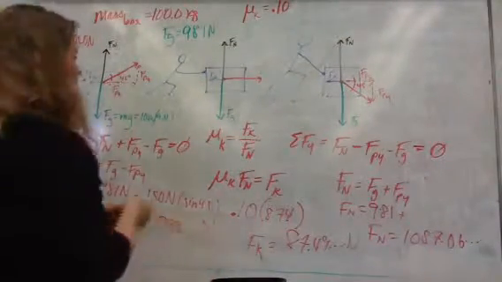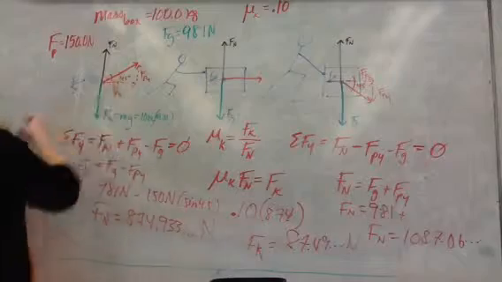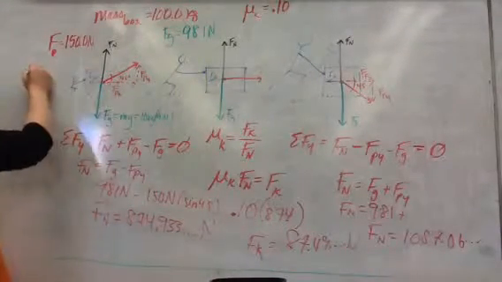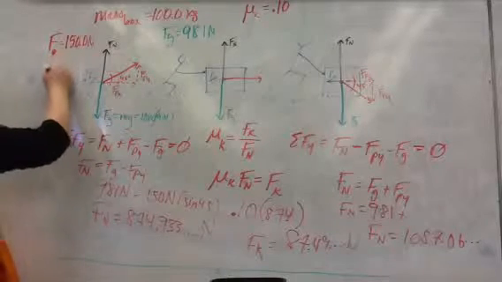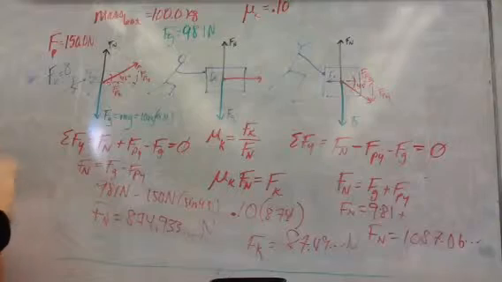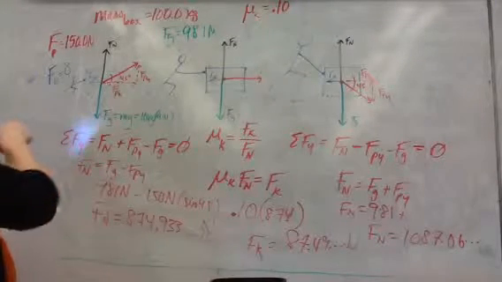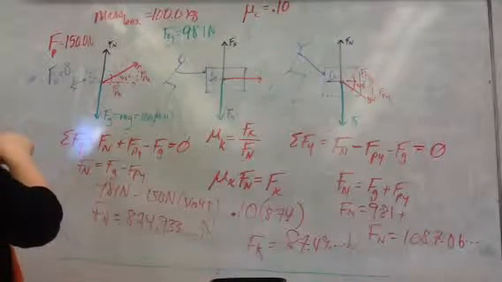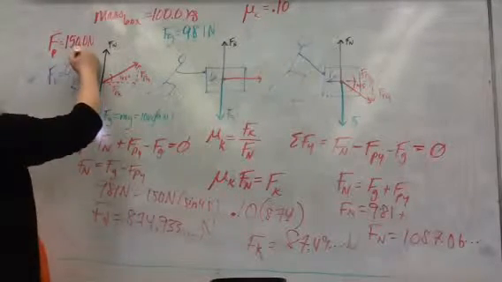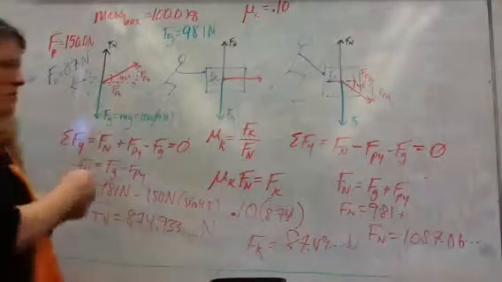Okay, so in this case, let's go ahead and label our force of kinetic friction. Fk here is, with 2 sig figs, 87 newtons.